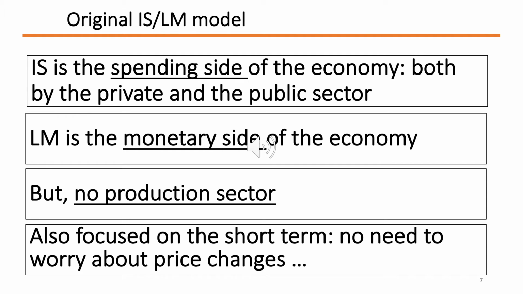And also, very important to remember, in this very basic ISLM model, we don't need to make a distinction between real and nominal variables. Why? Because the model is very much focused on the very short term. In the short term, prices are said to be rigid, or if not totally rigid, very sticky. So you don't need to worry about changes in prices. That's why there is no distinction between nominal and real variables.